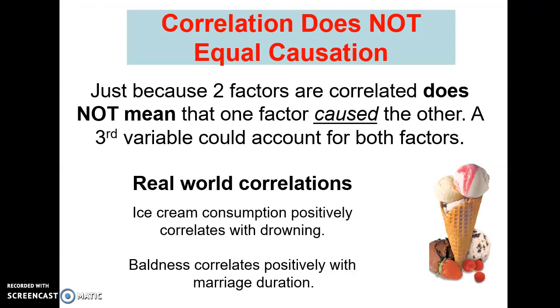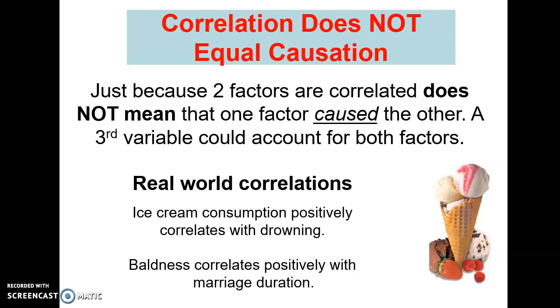Now, just because two factors are correlated does not mean that one factor has caused the other factor. So it doesn't mean that A causes B. We're just talking about the relationship between the two. That's because a third variable that maybe we didn't study or we're not accounting for in this correlation could be accounting for both factors.